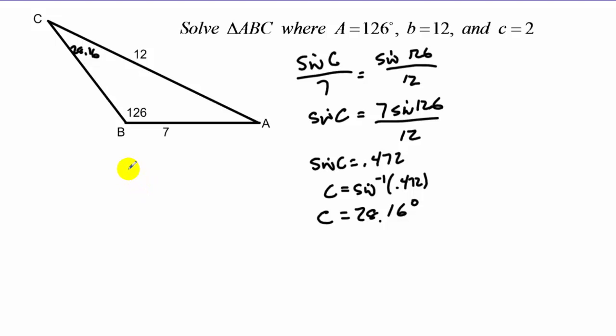Now I know I can use a subtraction from 180 to get angle A. A equals 180 minus 126 minus 28.16, and I get 25.84.